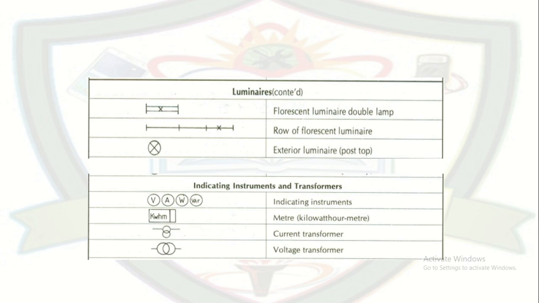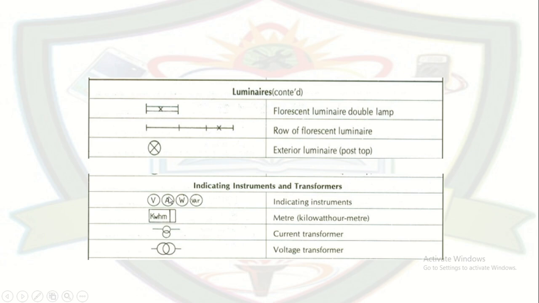And the other is indicating instruments and transformers. This is voltmeter or volts. This is ammeter. This is watt. This is var. This one is voltmeter. You can measure voltage with this voltmeter. Here you can see this is ammeter.